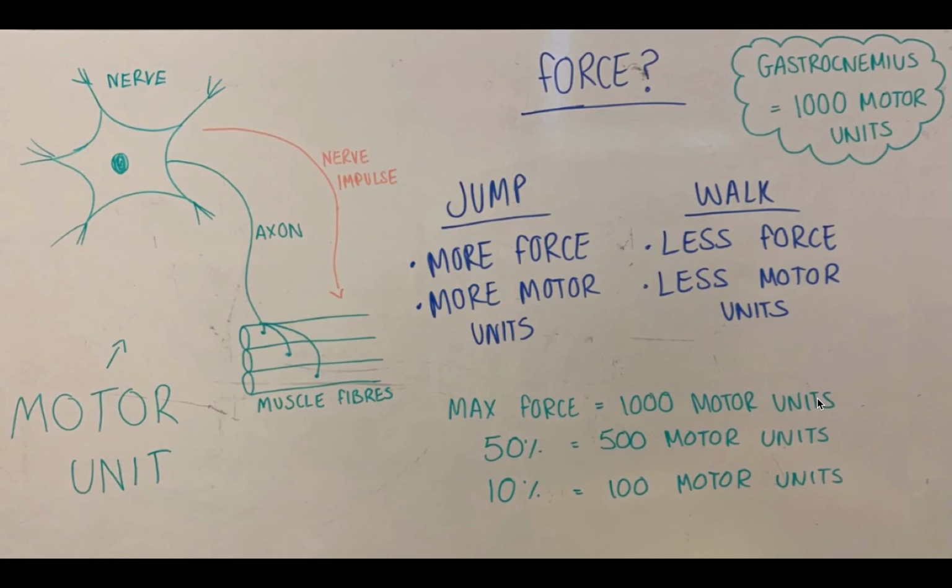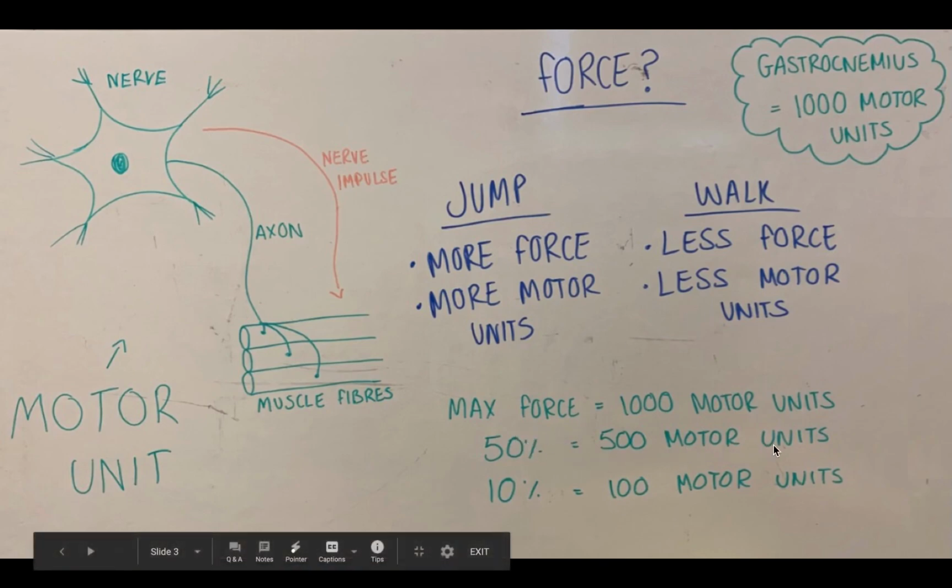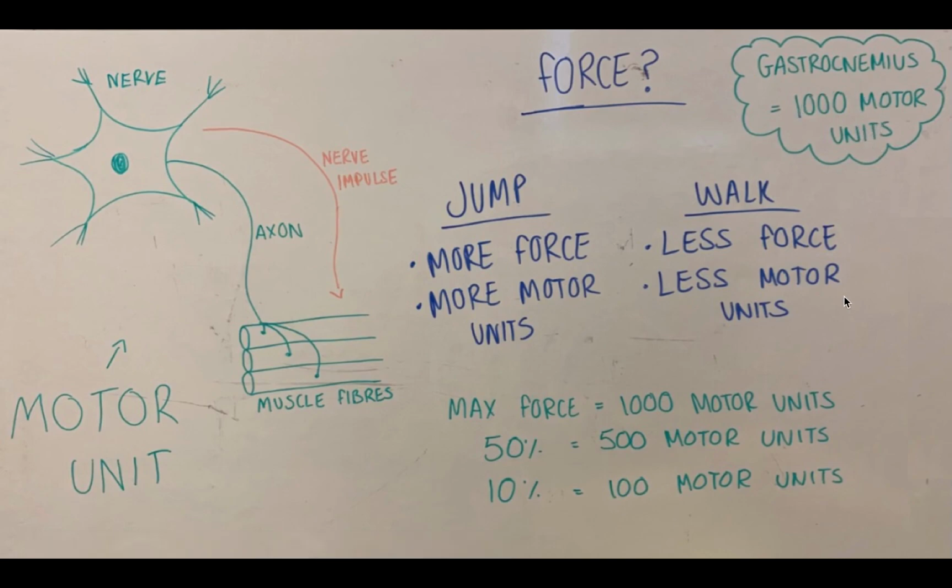Whereas for walking, because you don't need that maximum force, you may only need roughly 50%. Because these motor units act at 100%, only 500 of those 1,000 motor units would be activated at 100%. The other 500 would be at 0%, inactive, because you don't need that extra force from those motor units.